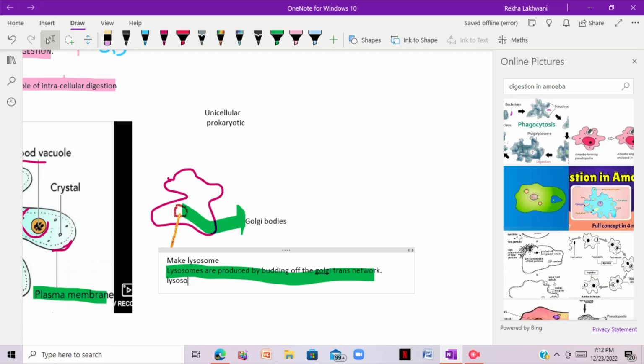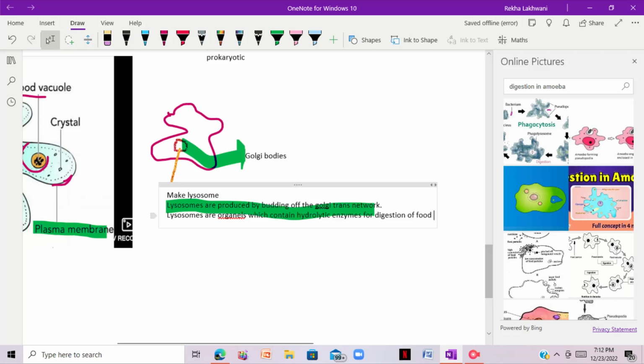We know that for digestion, endocytosis occurs. Now, what is endocytosis? The word endo means inside, and cytosis refers to the cell.